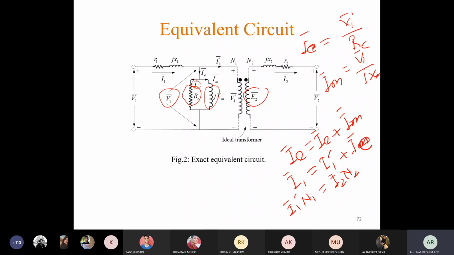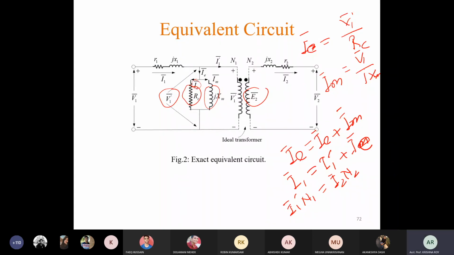Now you can see the windings are shown by dotted lines. So why are these dotted lines used? Because this is the ideal transformer. These two windings N1 and N2 now show only the ideal transformer. Why? Because all the imperfections of a practical transformer are removed and represented separately.